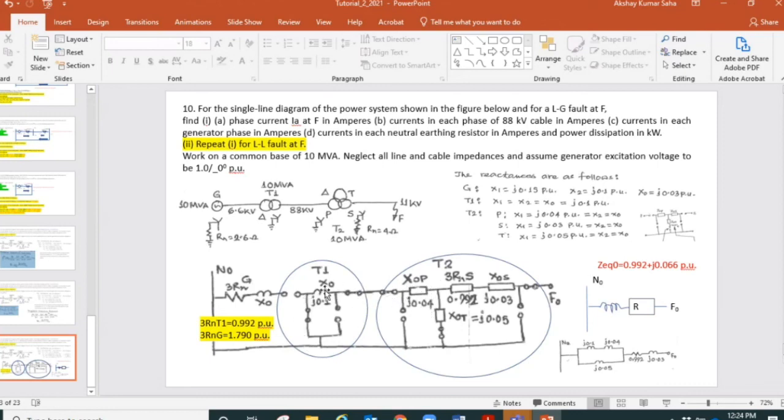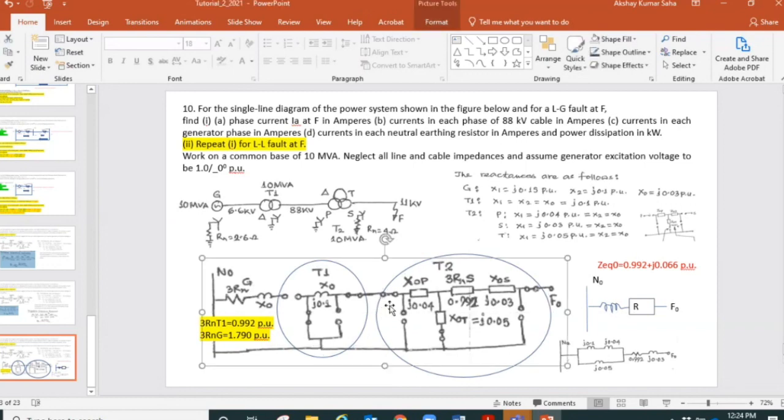Then this portion is actually in parallel with this one. This portion is coming to the neutral bus and is in parallel with this portion X0T. And X0T is 0.05, that's that one. And then these two in series, X0P and X0 of T1. X0P is 0.04, X0 of T1 is 0.1, so 0.1 and 0.04 are in series.